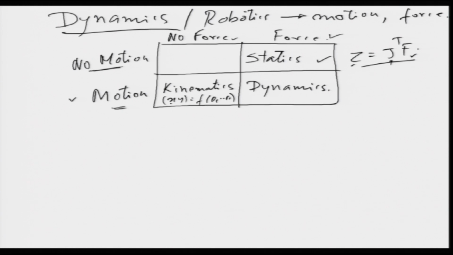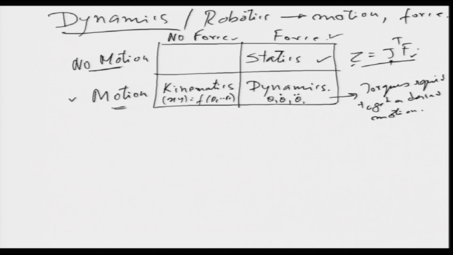Now, in dynamics we are looking at the effect of position, velocity and acceleration, and we are looking at the mass or the inertia of the links to move it. So, dynamics is essentially the torques required to get a desired motion of the end effector.